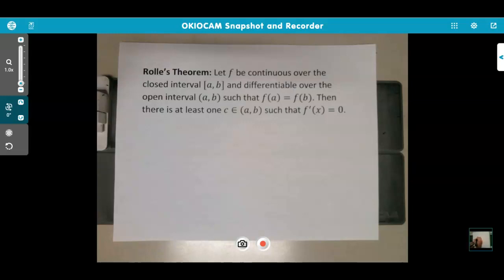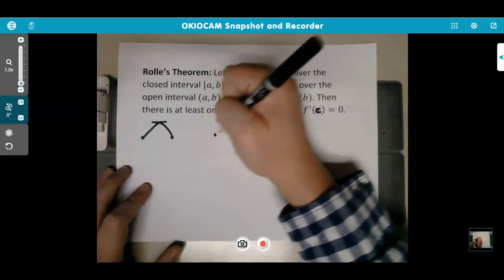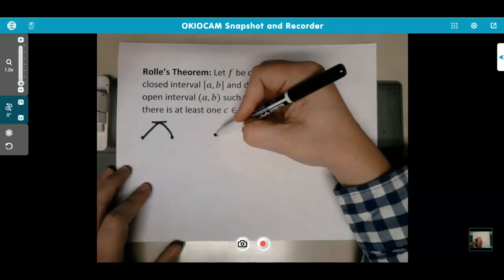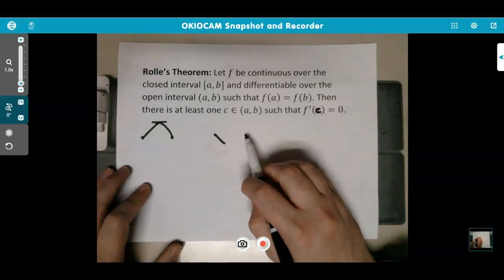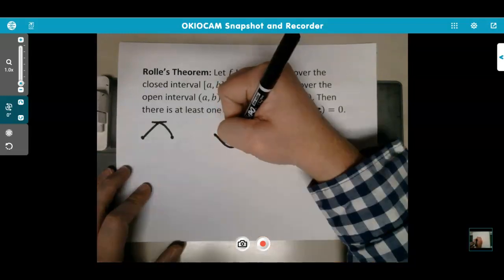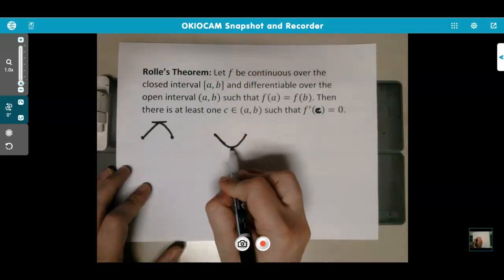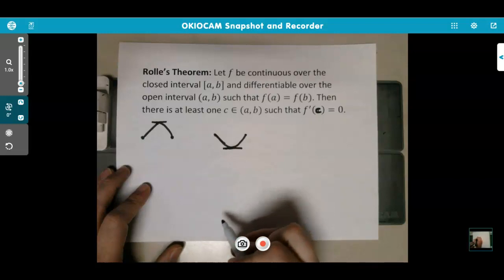So there had to have been a point in here where I have a flat line. What also might happen is I might go from my first point and then start going down. But again, it has to somehow come back to this point. So I would have to turn around and come back, in which case, right here, I had to have had a flat line at this point.